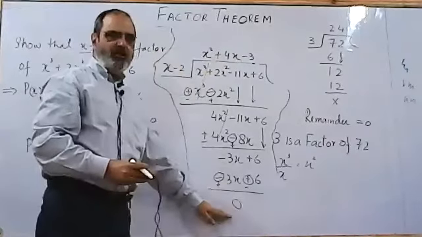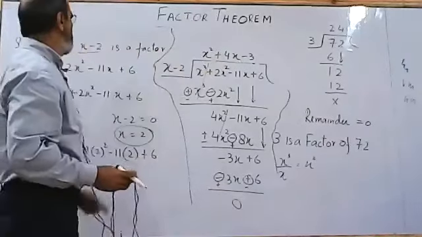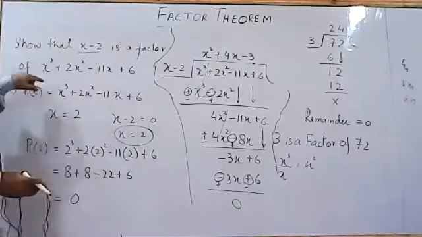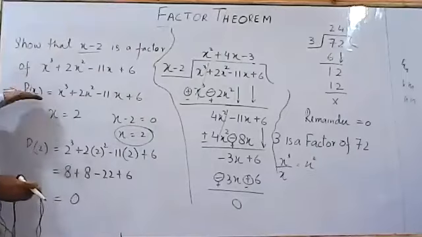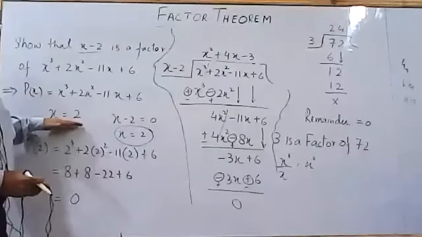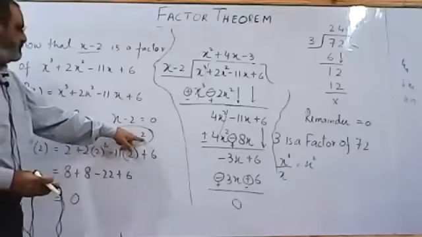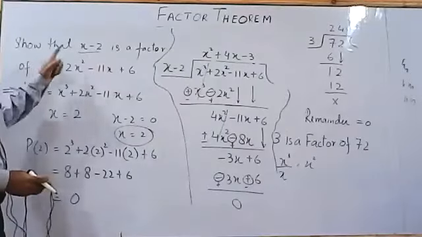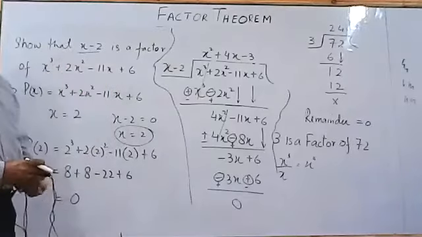Because the remainder is 0, we can say that x minus 2 is a factor of the given polynomial. Or you just have to replace x by 2. We get 0. So it proves that x minus 2 is a factor of the given polynomial.